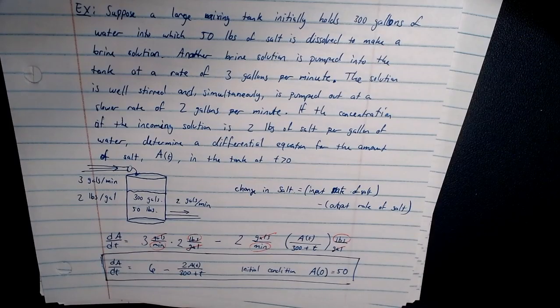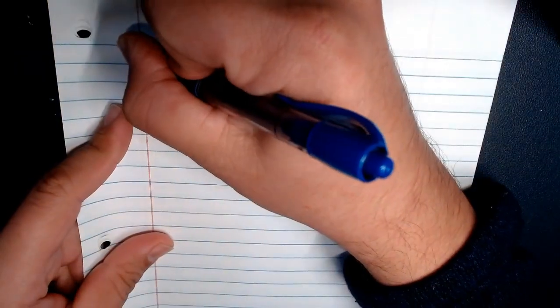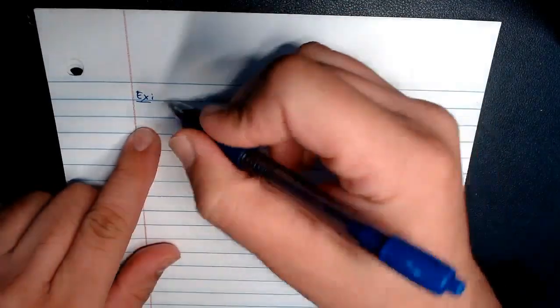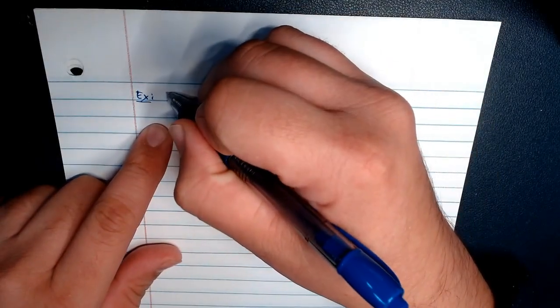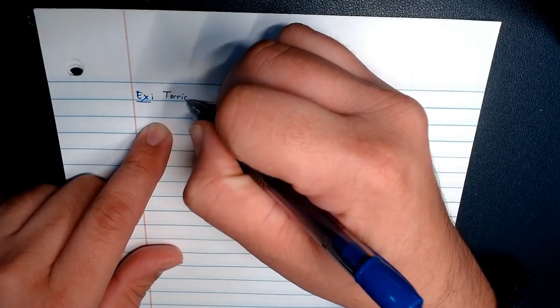Let's take a look at one more problem of a similar type. We're going to go ahead and look at another kind of tank problem, but this one's a little different. So in fluid mechanics, there is a theorem, they call it a law, same idea, called Torricelli's law.